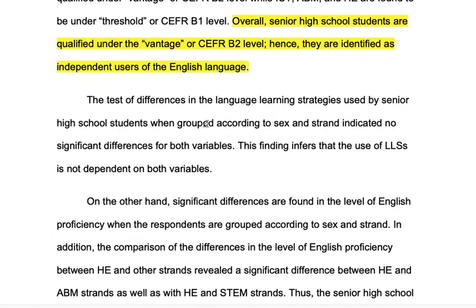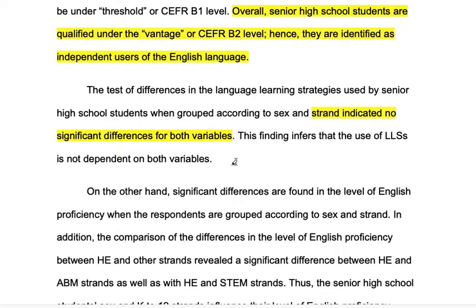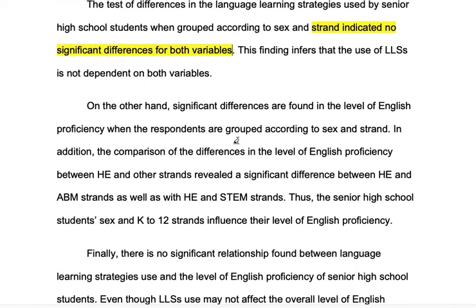Look at this one. This time, these are for the inferential research questions 3, 4, and 5. You are to only tell if the variables have significant differences or significant relationships. So follow this. Indicated no significant differences for both variables. Like that. So your goal for research question number 4 is the strand or the level of English proficiency. Are there significant differences?